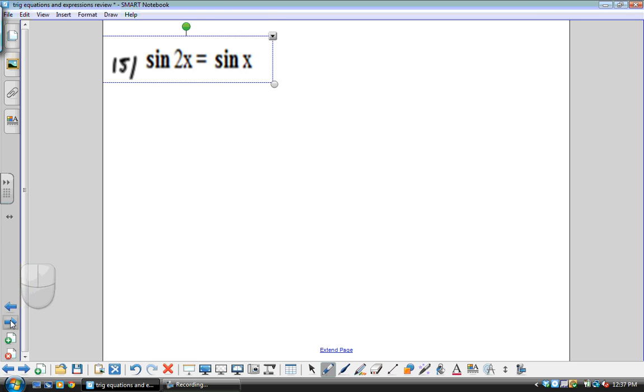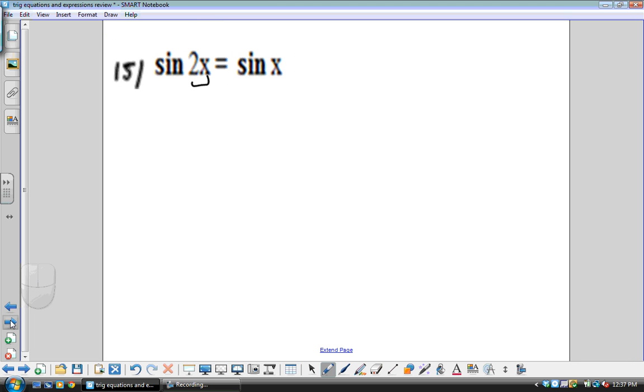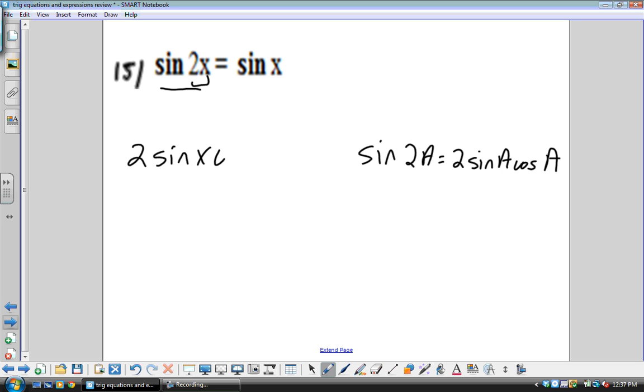Okay, now another double angle, because I got my 2x right here. Now this one's the double angle for sine. So my double angle for sine here, sine 2A is equal to 2 sine A cosine A. So now I'm going to substitute here for sine 2x, 2 sine x cosine x.